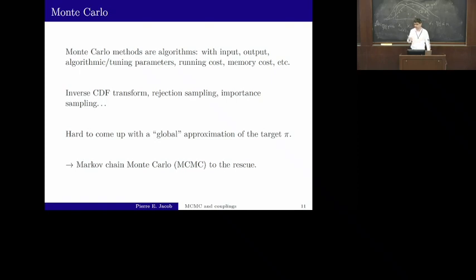In fact, it could be better to do importance sampling than perfect sampling, because, for example, suppose that your distribution is like this, but you're interested in computing a tail area here. Then sampling from pi is going to give you few points where you want. Whereas maybe you can introduce an importance sampling distribution that's better placed.